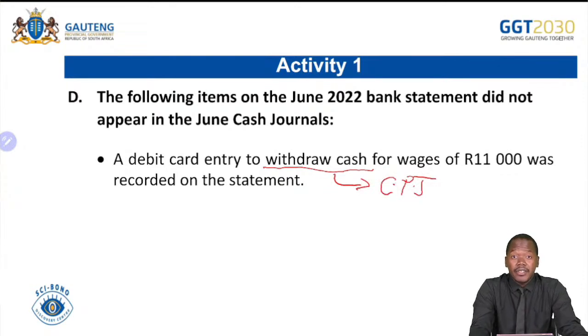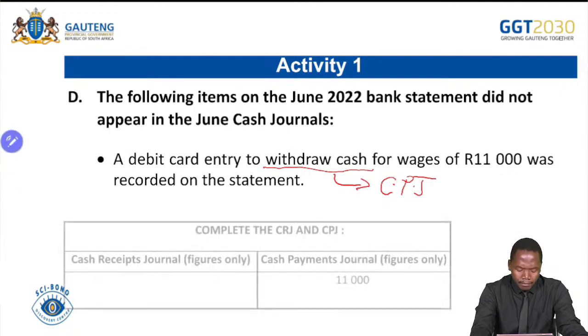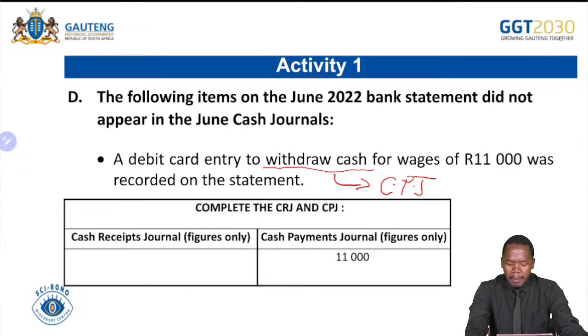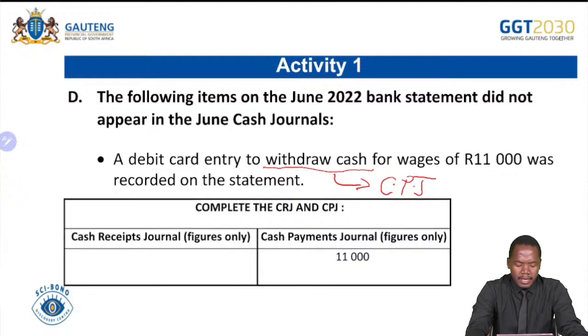Before I can even record, I think of payments. There is the cash payment journal. We are recording this amount as 11,000. We withdrew this money. It was a debit card entry. Remember, when you swipe, you won't know in your business immediately until you receive your bank statement.